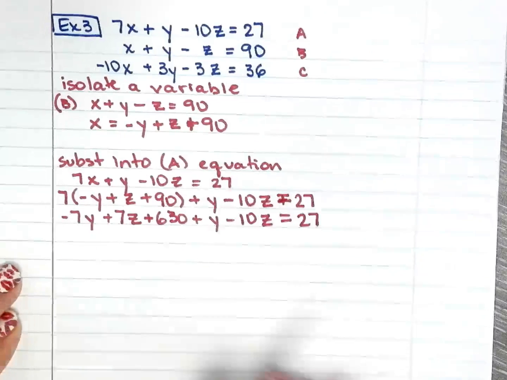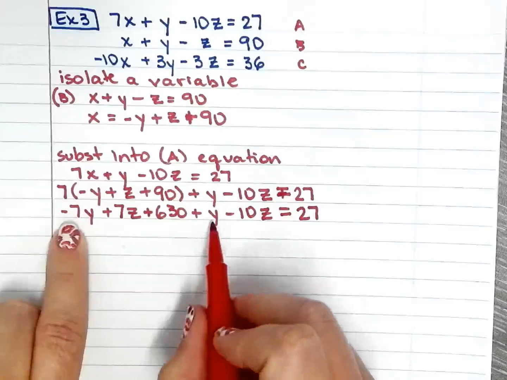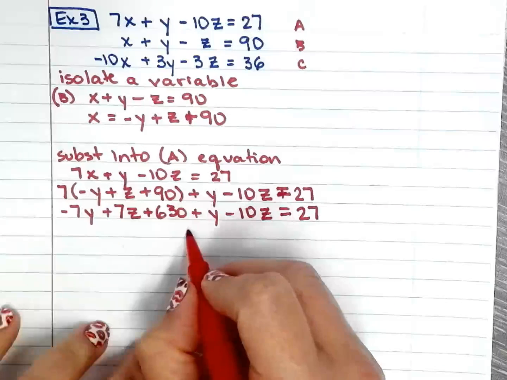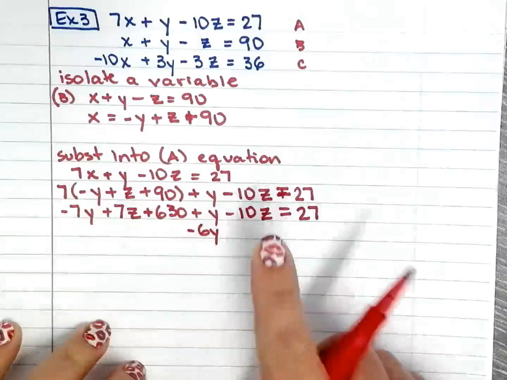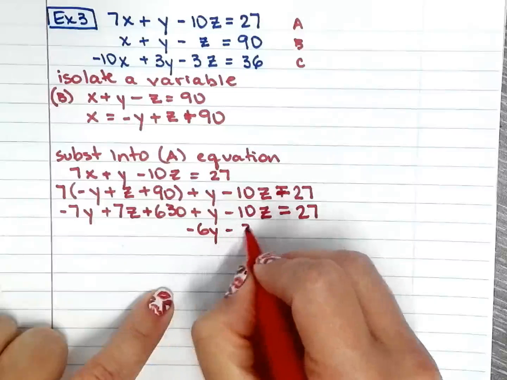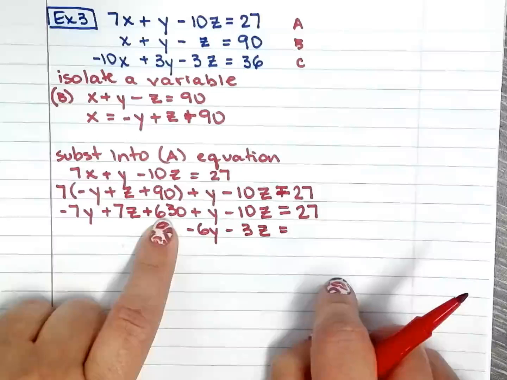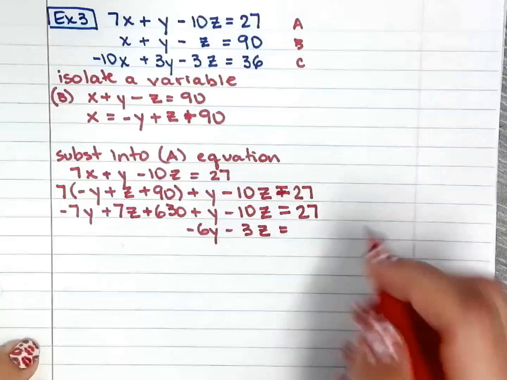Woo, crazy. Okay, combine like terms. So I have y right here, that's -6y. I have z right there, that's -3z. And you need to subtract 630 from both sides.